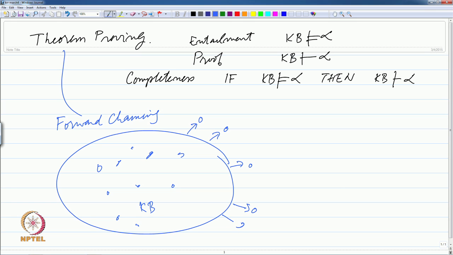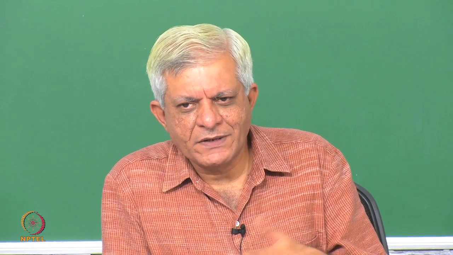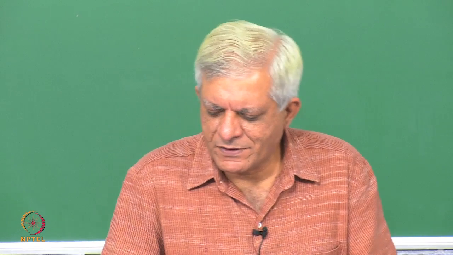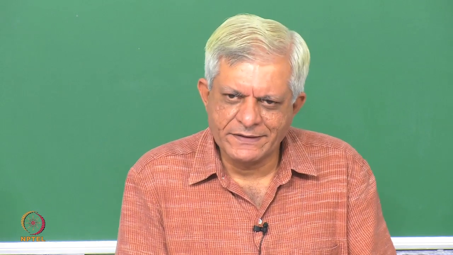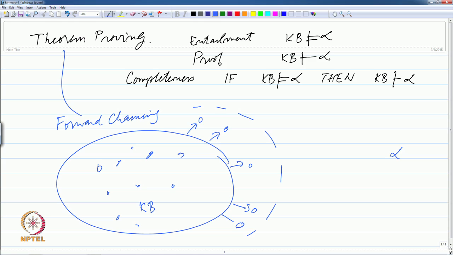So, in a forward chaining system, which is data driven, you have something in your knowledge base, you can make some inferences and you keep adding those inferences to the knowledge base. So, the knowledge base tends to grow essentially. And the hope is that eventually you will add the formula that you are looking for. If there was some formula called alpha that you wanted to show to be true, that eventually that will be added essentially. That is the notion of completeness essentially.